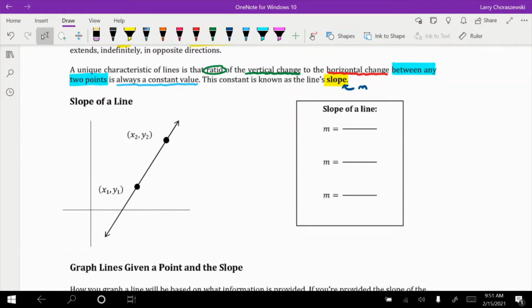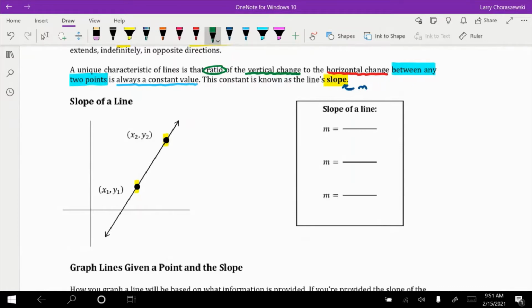Let's imagine that we're at the point with coordinates x1, y1, and we want to travel to the point x2, y2, but we're only allowed to move left, right, up, and down. So there's no traveling diagonally.